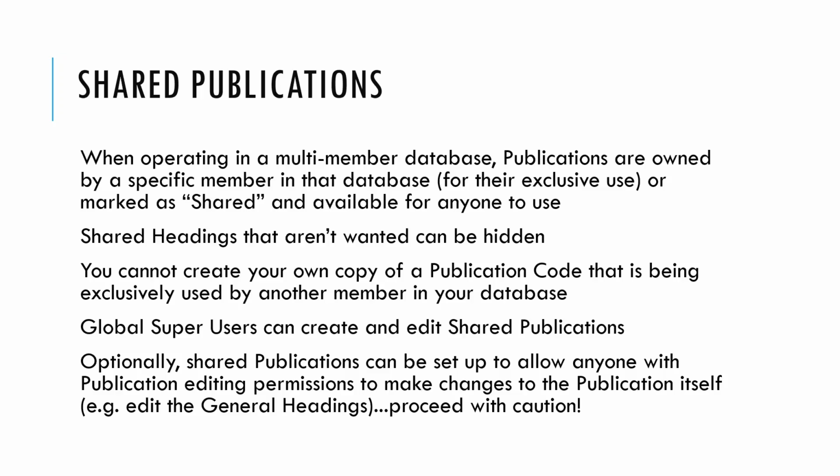But if you're working on a project where more than one member in the database, like Halton and Niagara and Haldimand, are all working on the same project, they need to share that publication code. So that's the case where you ask your global super user to make that code shared, and then all three of those members would have access to that publication code.